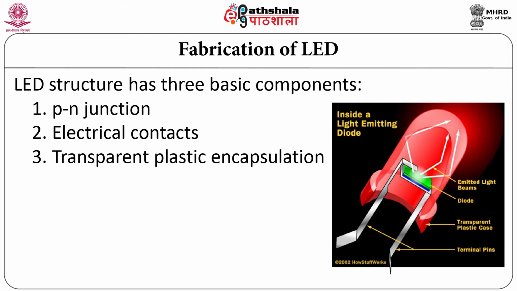Once a shallow PN junction is formed, electrical contacts are taken out from both the regions. The junction is then encapsulated in a transparent plastic medium. The plastic is molded into an approximate hemispherical shape. Other geometries are also available which improve the light emission direction and conversion efficiency from electrical to optical.